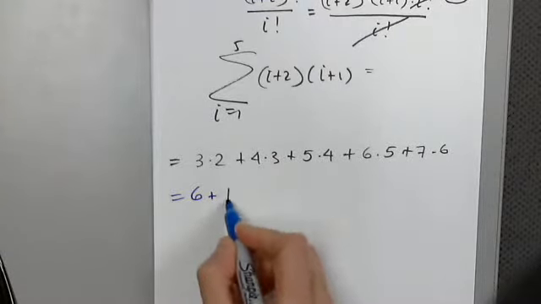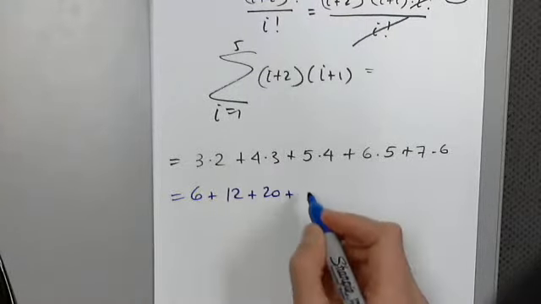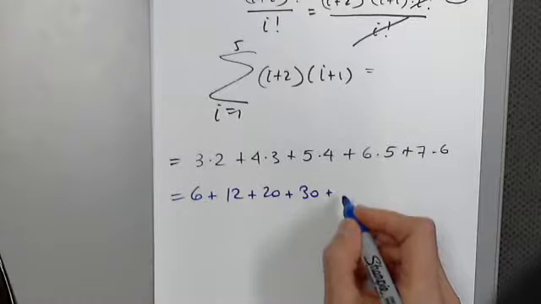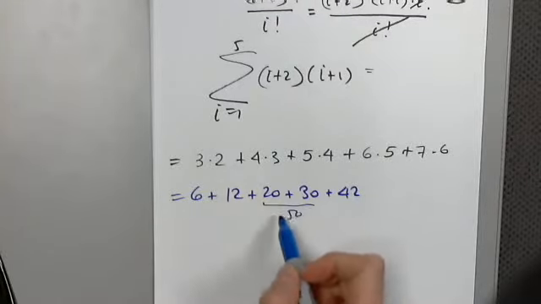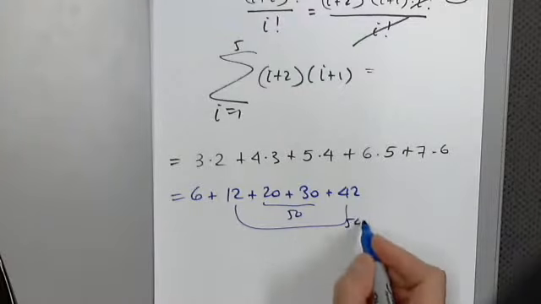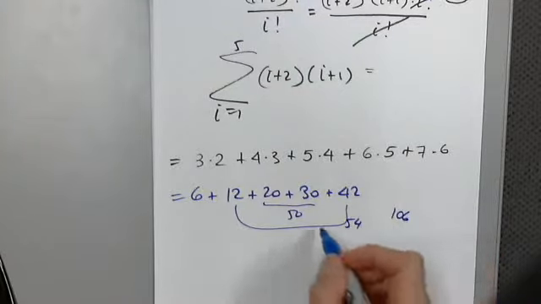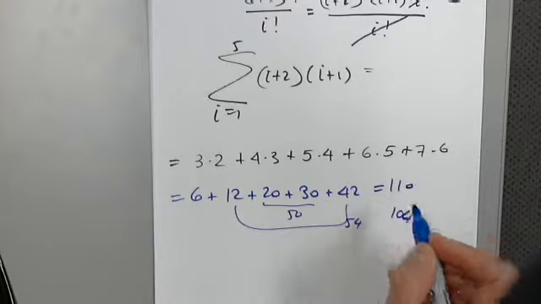So this is 6, and this is 12, and this is 20, and this is 30, and this is 42. So this is 50, this is 54, so 104, 110.